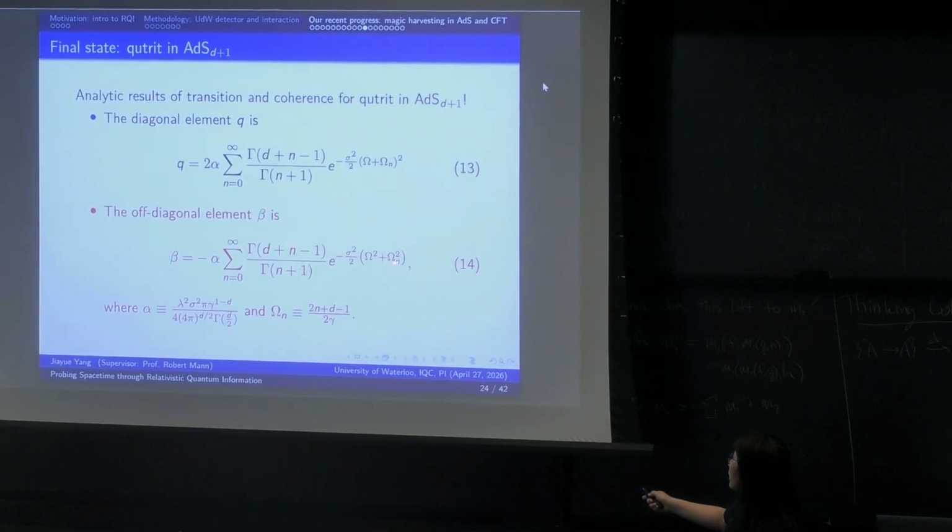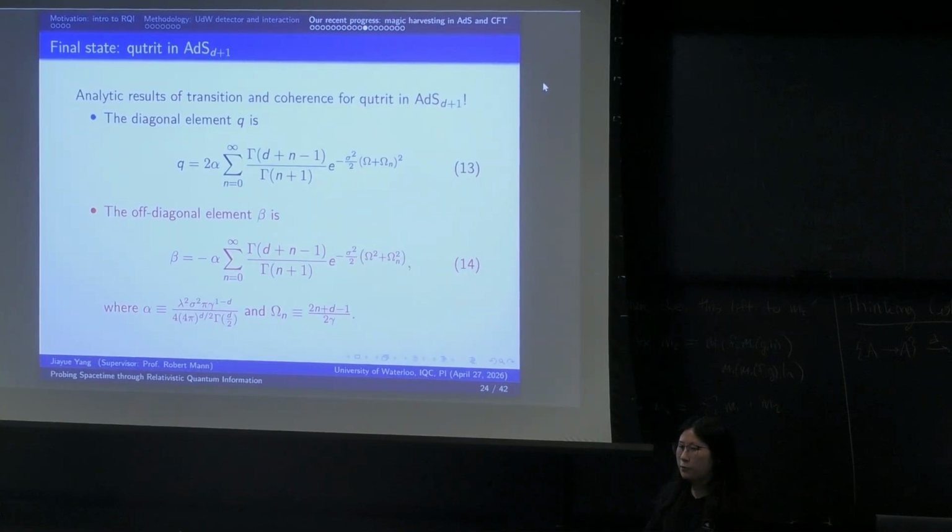And also omega n here is like an effective energy gap. So it is also related to the dimension of the anti-de Sitter spacetime and also the detector location and the AdS curvature. So this is the structure of the Q and beta.